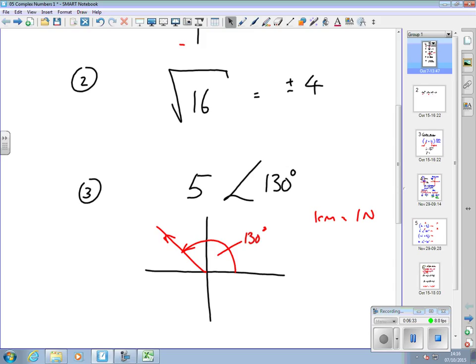What we're doing here is representing a quantity that has not only size, i.e. 5 newtons, but direction, a vector quantity. All vectors can be represented like that. And the convention is this: angles measured from that axis, anti-clockwise as being positive. I can go clockwise, but that would be a negative angle.